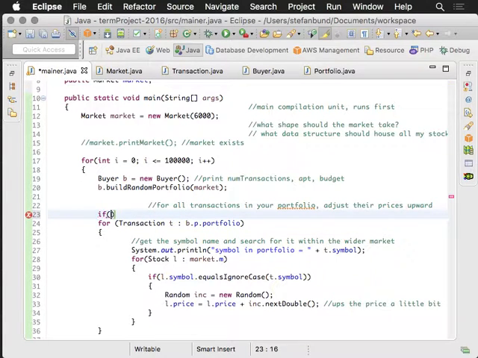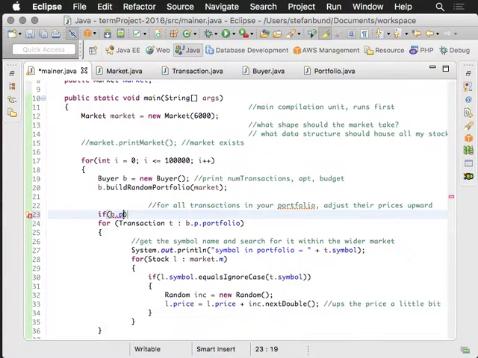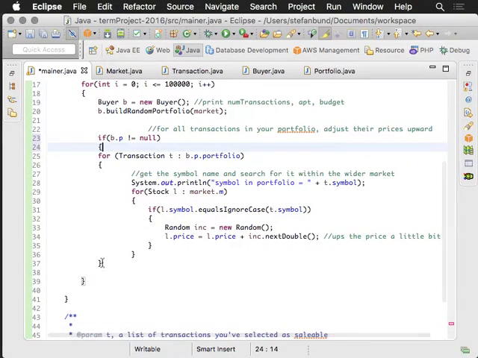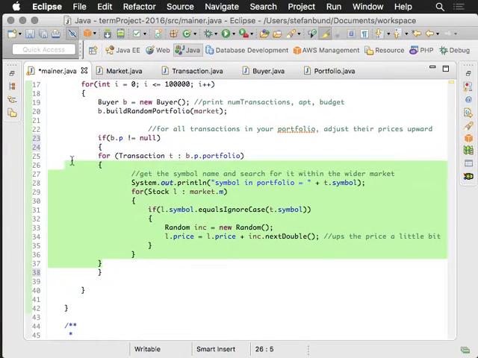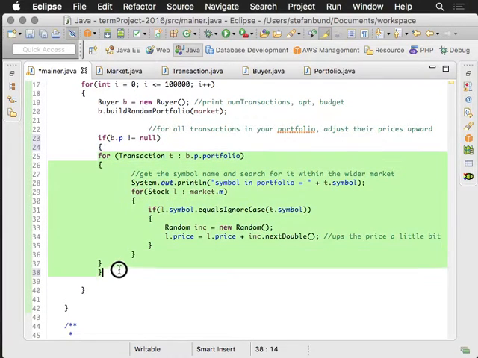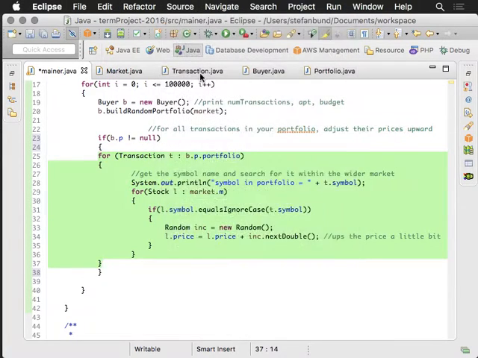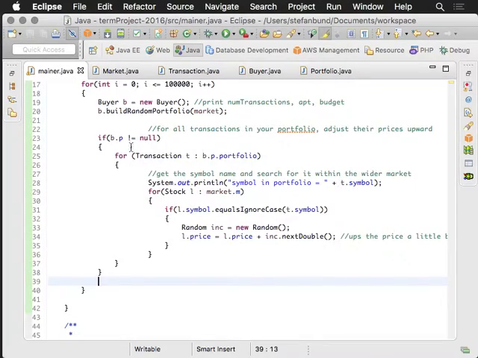If b dot portfolio is not null, which it will not be, then you can jump into this price-increasing experience right here, and we could push that over a little bit, format it right, and that would maybe avoid the null pointer.